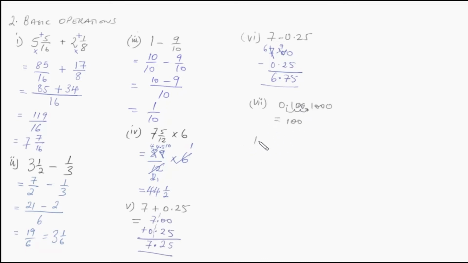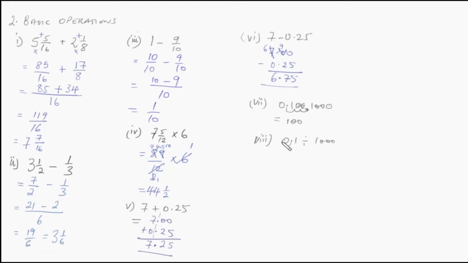Let's have this one: the same number but dividing this time. 0.1 divided by 1000. You are dividing by a power of 10, so you're going to shift the decimal point. Because we are dividing, we shift it to the left, 1, 2, 3 times. You just count the zeros.